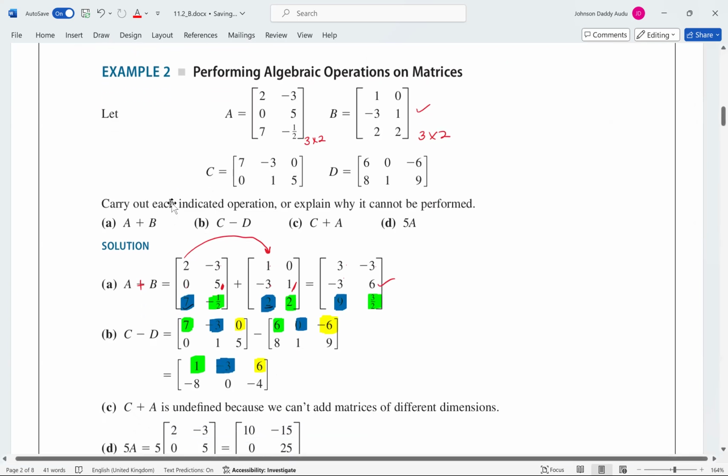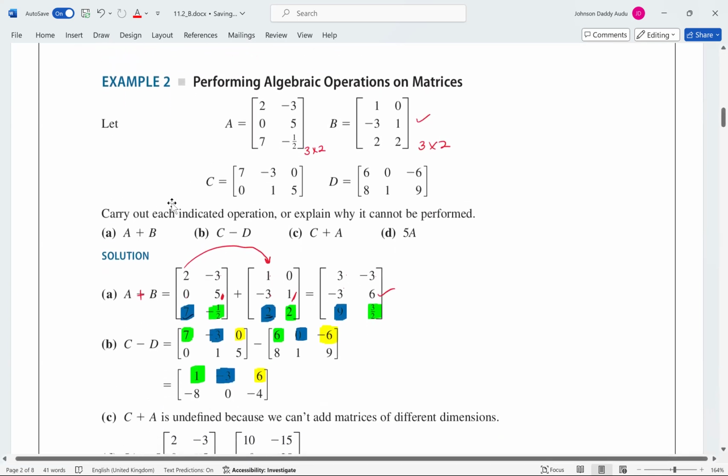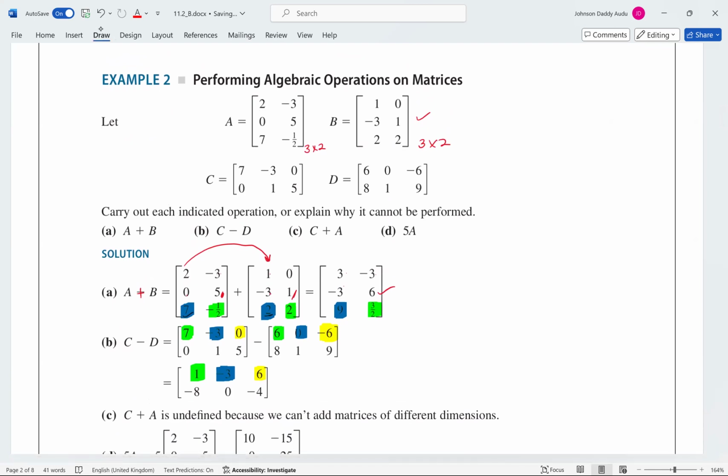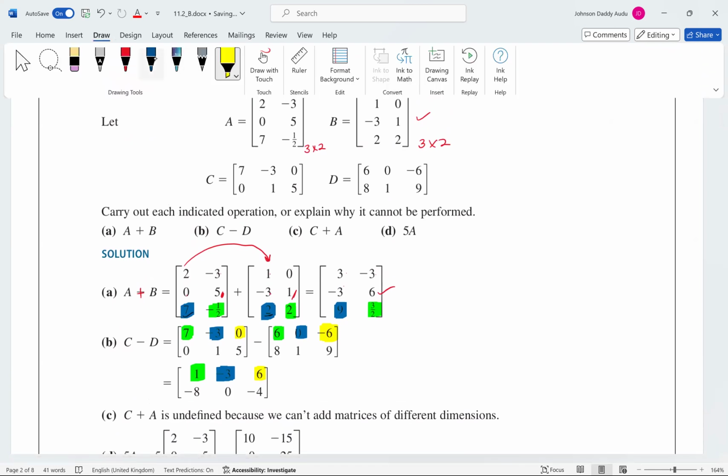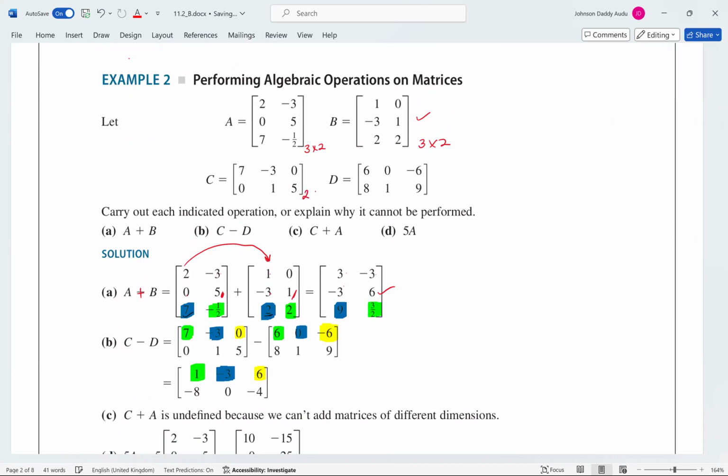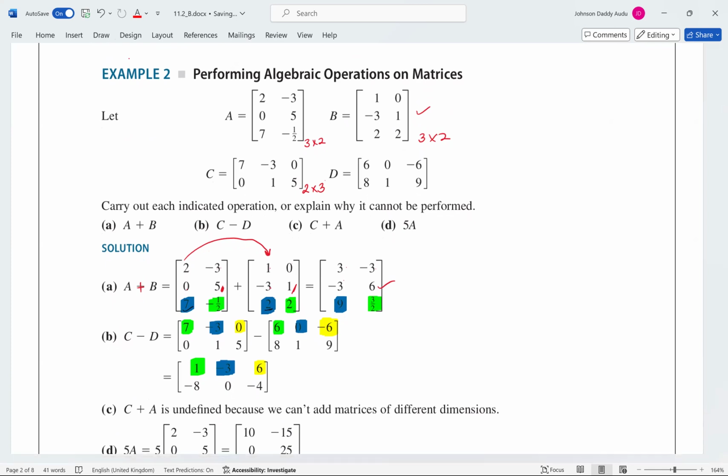But something interesting here, if you look at C plus A, can we add C and A? No, we cannot add them because C and A do not have the same dimension. So for example, this is C. You can see C is what? C is 2 by 3. So C is 2 by 3, but A is what? 3 by 2.